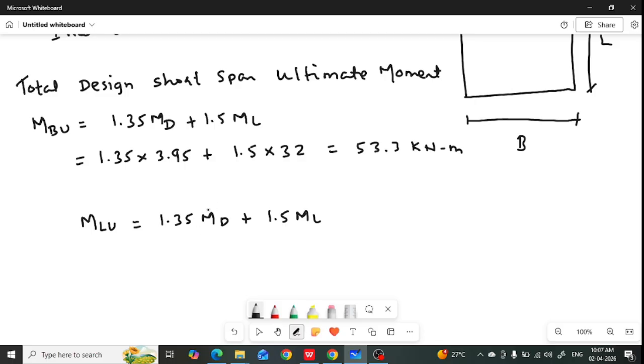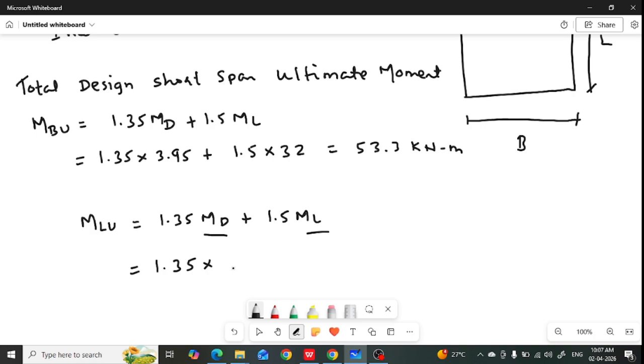This MD is the bending moment due to the dead load with respect to the longer span, and this ML is the bending moment due to live load with respect to the longer span. So whatever MD and ML we have written here, it is with respect to the longer span.